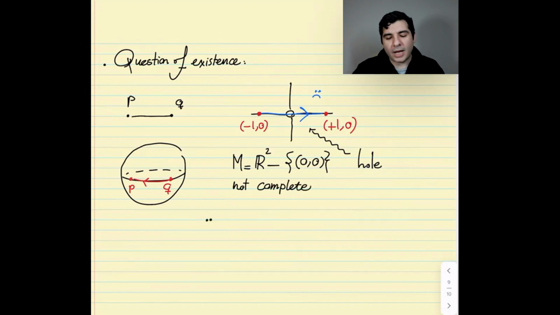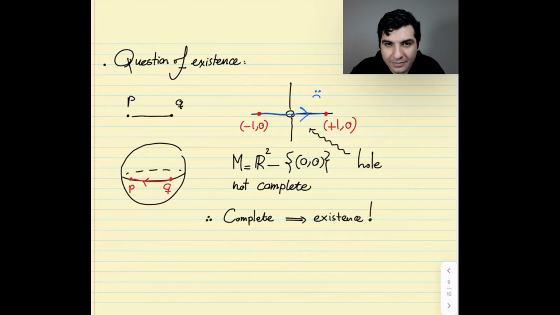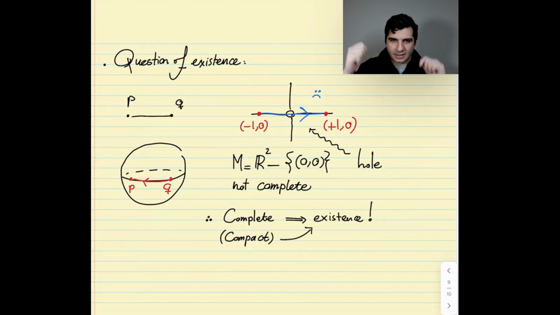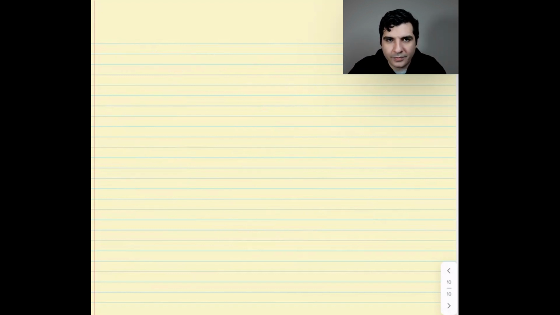In fact, if our manifold is complete, then for any two points, there is a shortest geodesic connecting them. A special case of this theorem: if you have a compact manifold, it is complete. Then for any two points you pick, there is a shortest geodesic connecting them.